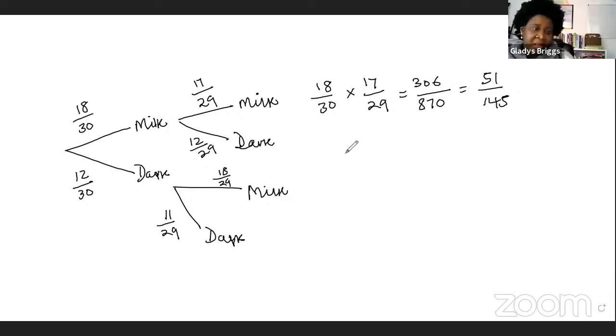All right. And the next question was the probability of a dark chocolate and a milk chocolate. So dark and milk would be 12/30 times 18/29, which is equal to 36/145.